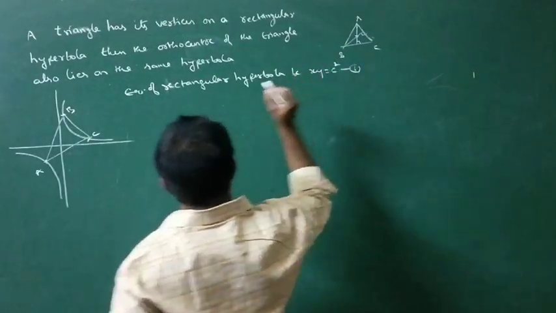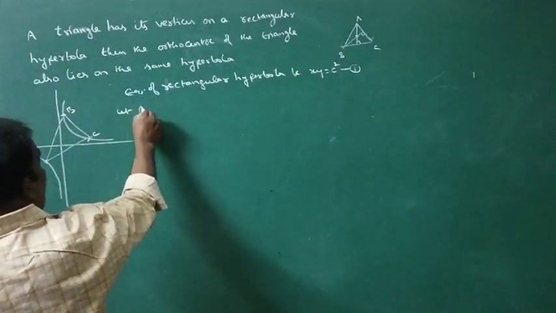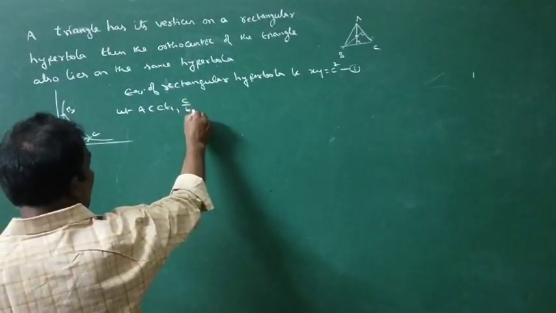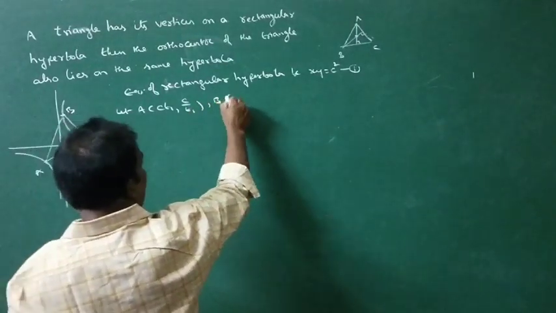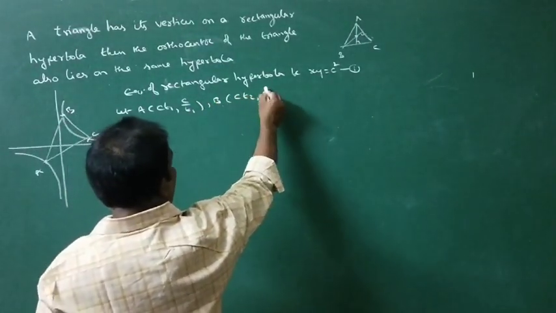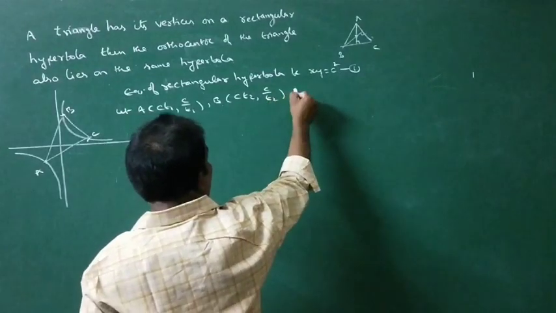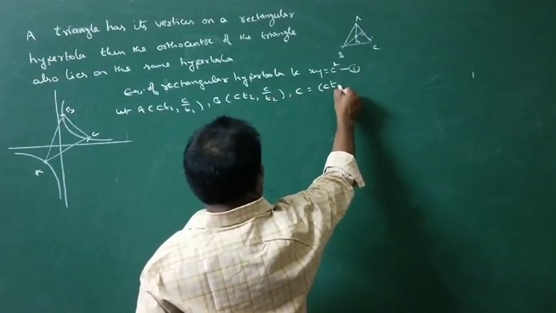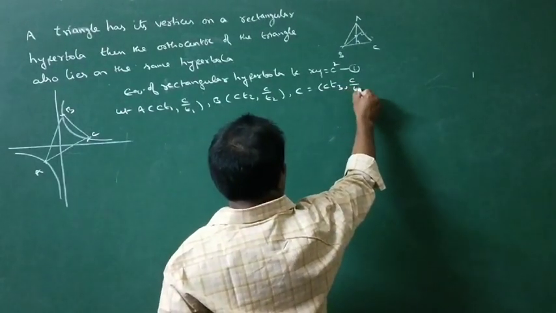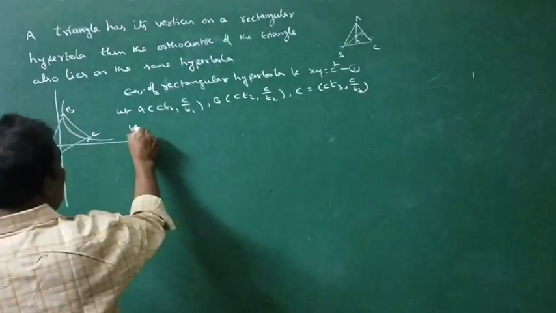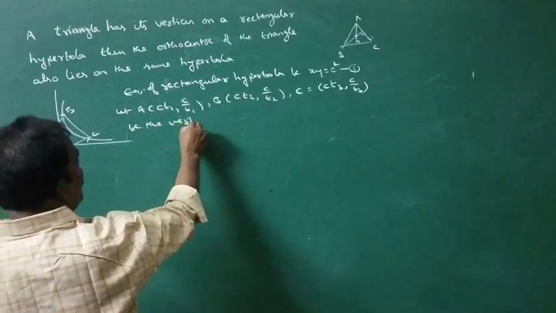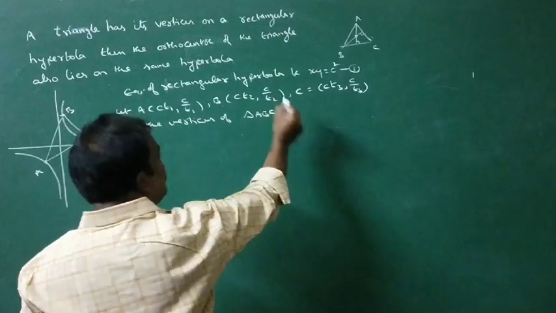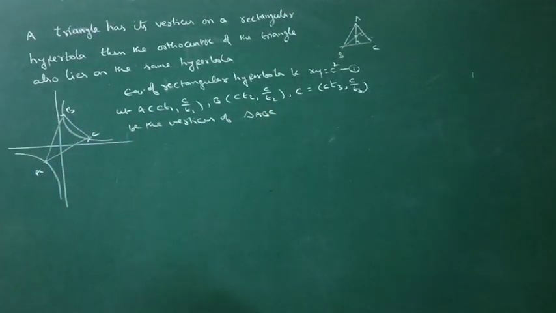Let A (ct1, c/t1), B (ct2, c/t2), and C (ct3, c/t3) be the vertices of triangle ABC. The vertices lie on the rectangular hyperbola.